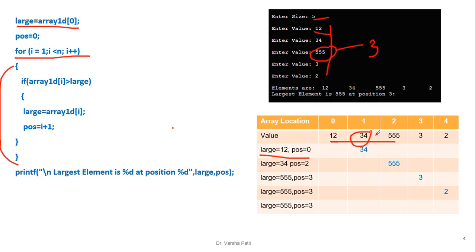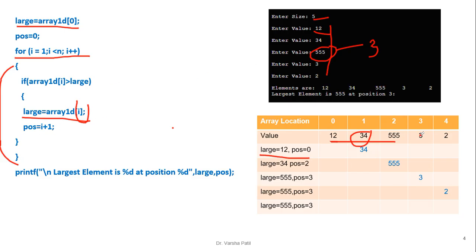Replace this large and make this the large. If array1D of i is greater than large, that is 34 is greater than 12, we make a change: large equal to array1D of i, that is this element 34, so we assign it to large, and we set the position to i plus 1 because this element may be the largest element. Position equal to i plus 1. The position of 34 according to the array is actually 1, but we are taking it as 2, that's why I have used i plus 1.